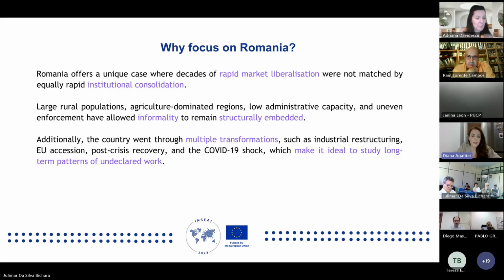We also have extensive rural populations, regions dominated by agricultural sectors and other sectors that are not well regulated, limited administrative and inspection capacity, and significant differences between different regions in terms of enforcement. Because of that, Romania's informality is not just episodic, but it is embedded in long-term transitions.